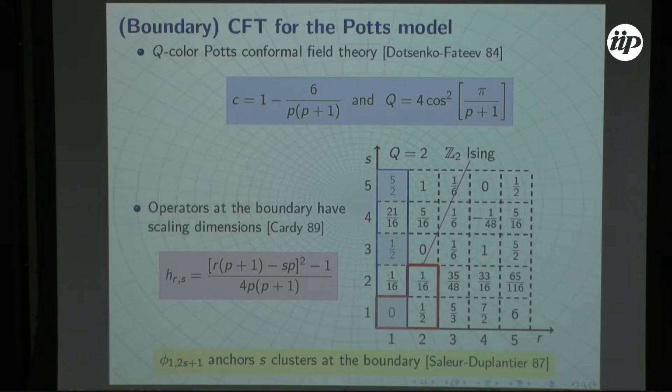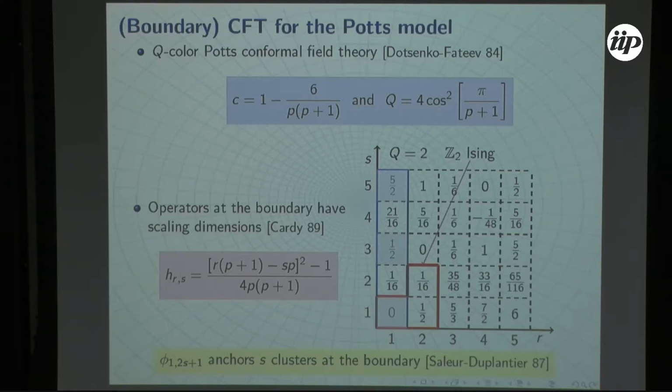The operators on the first column are peculiar because they are responsible for insertion of clusters at the boundary.